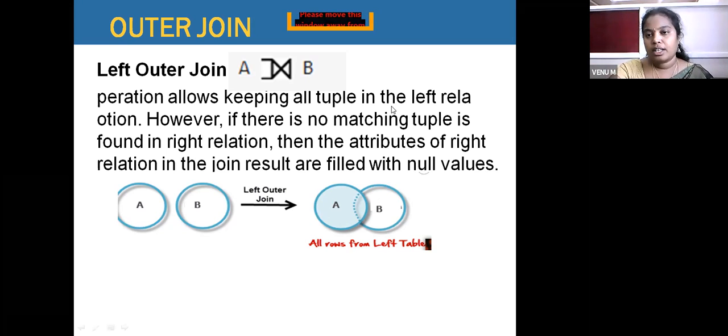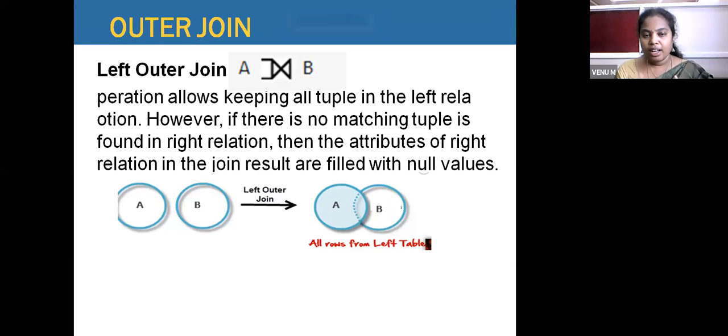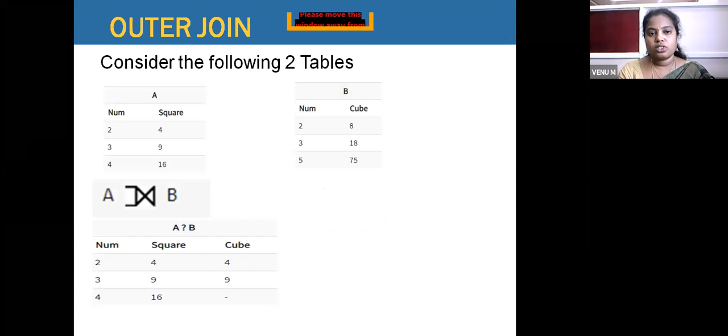This operation allows keeping all tuples in the left relation. However, if there are no matching tuples in the right relation, then the attributes of the right relation in the join result are filled with null values. The non-matching tuples are put as null values. Just observe two tables here. The first table contains squares, the second table contains cubes.